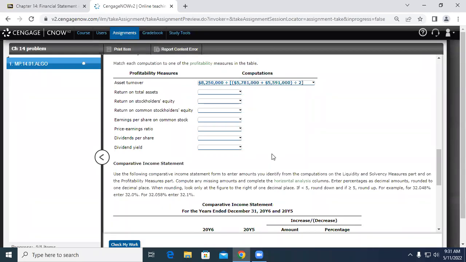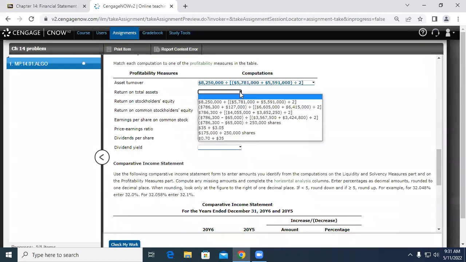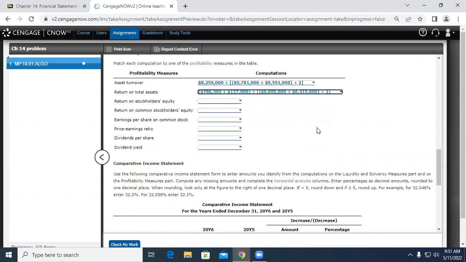Moving on then, our next calculation is return on total assets, and that formula is net income plus interest expense. We already know the interest expense is $127,000, and so this is the only one that could be the net income plus interest expense. So this gives us our last piece for the income statement. This 127, oh no, that's the interest expense.